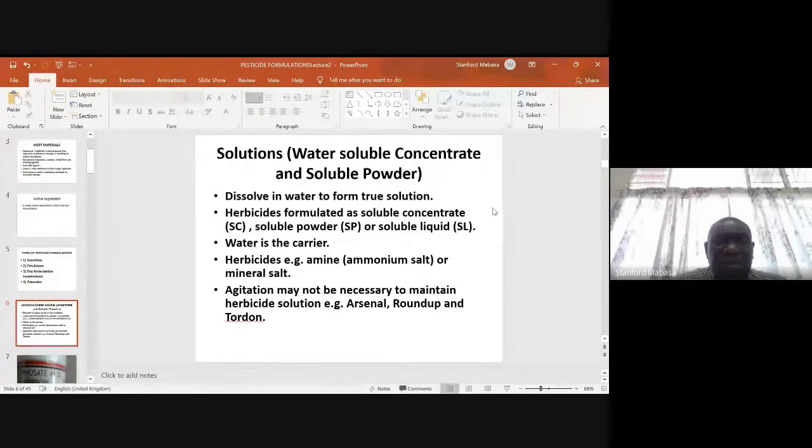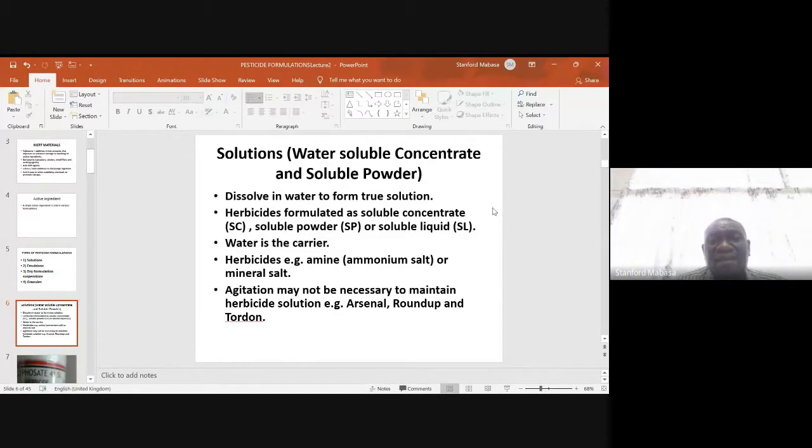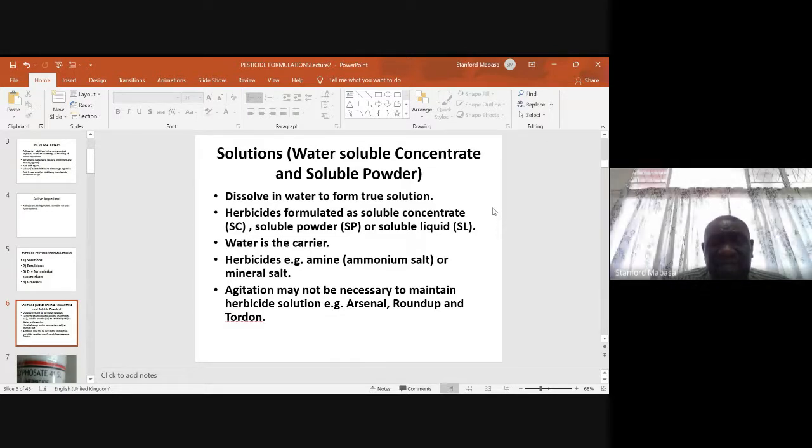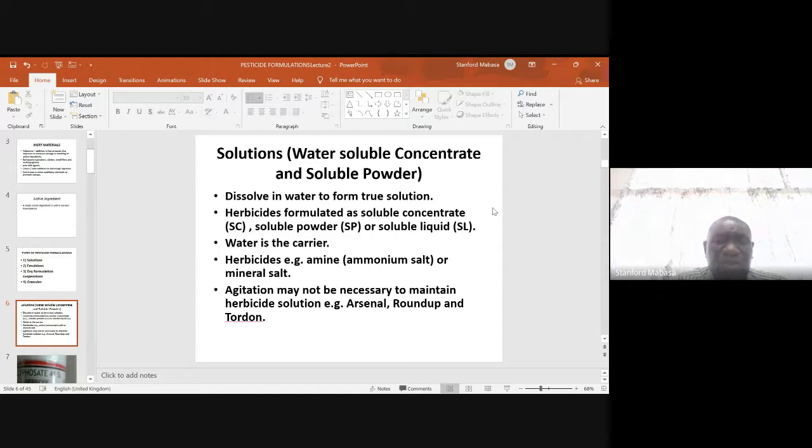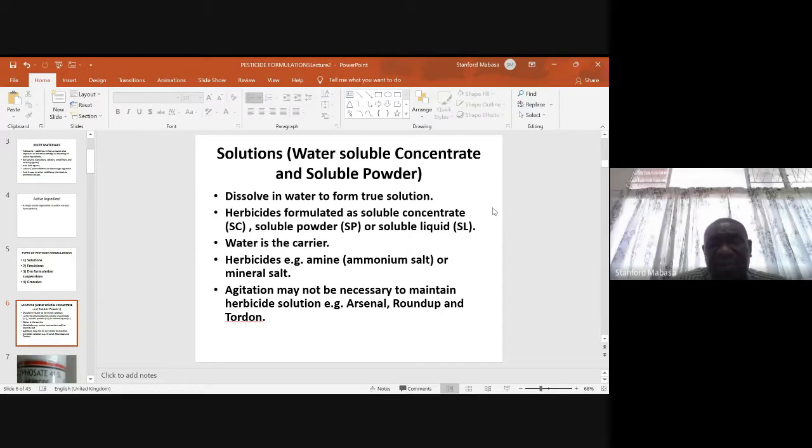This one may not be necessary if you have SC and SP solutions, because these are easily dissolved in water. For example, we can have a herbicide solution of Arsenal, Roundup, and Todon.